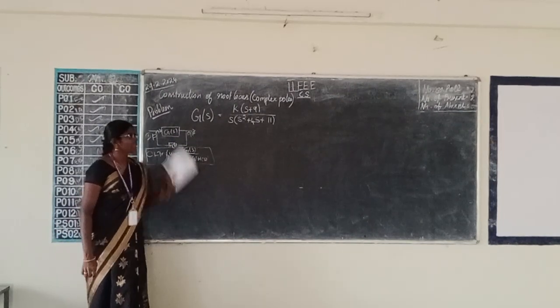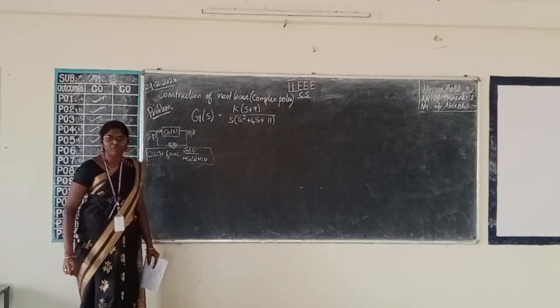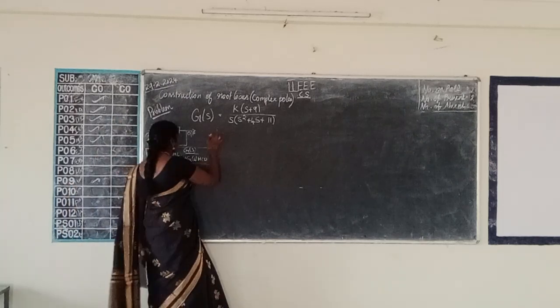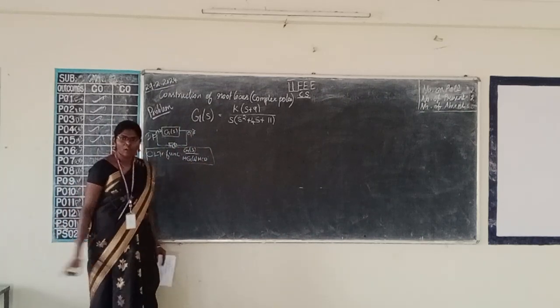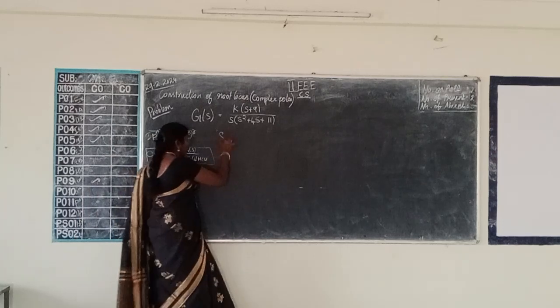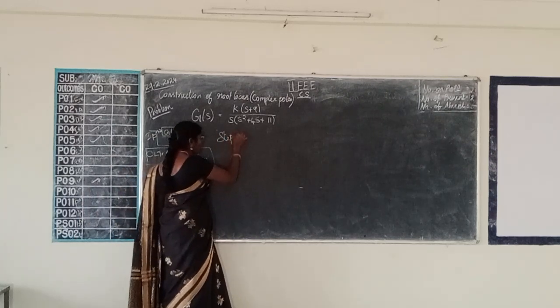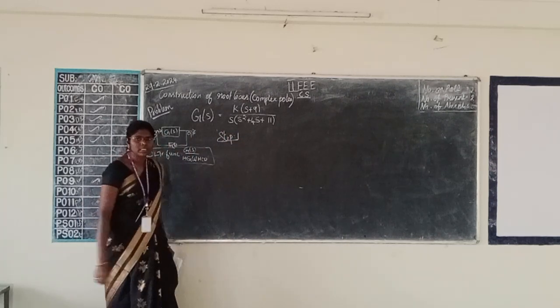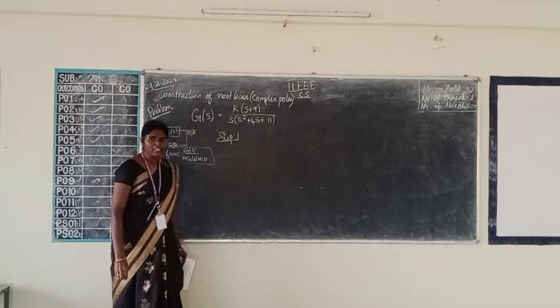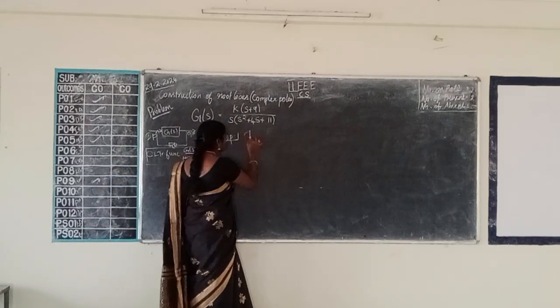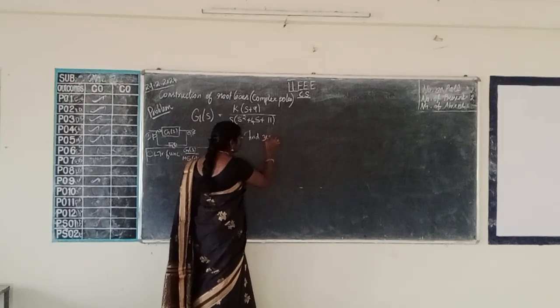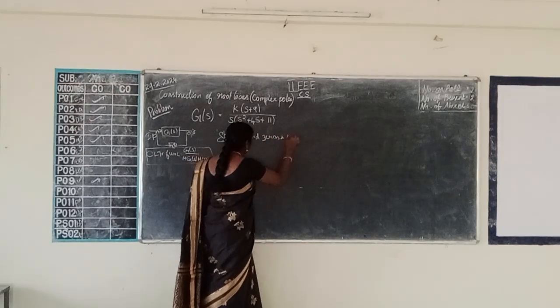What is the first step? This is the basic thing we have to do for all systems. Step 1: find zeros and poles.